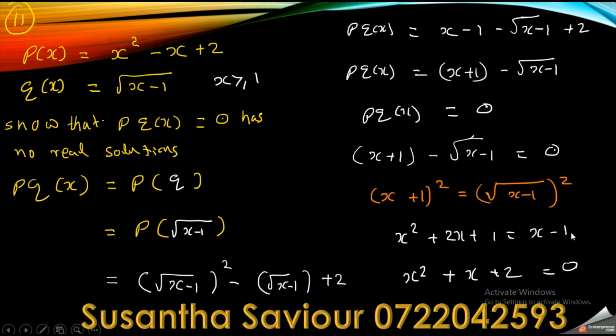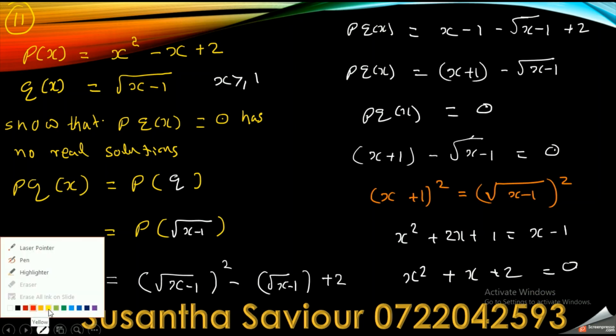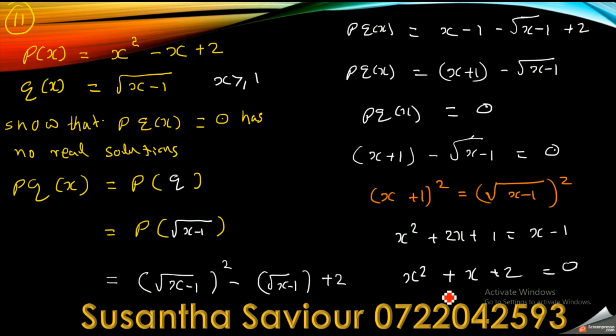This one will be x minus 1. So we take all these terms to this side: x squared plus x plus 2 equals 0. Here delta is less than 0. The discriminant b squared minus 4ac is less than 0. Therefore we can say this has no real roots.